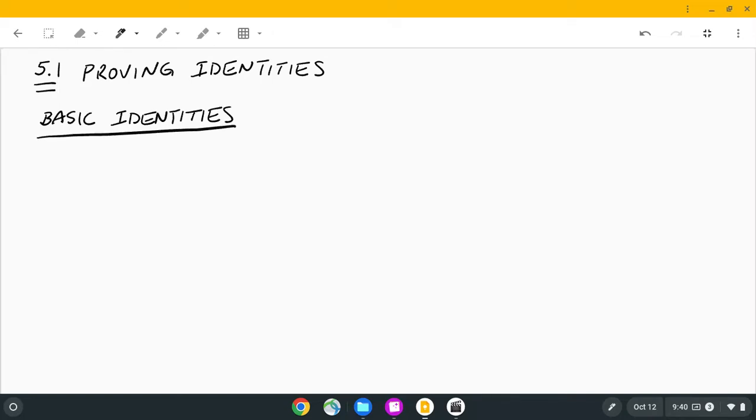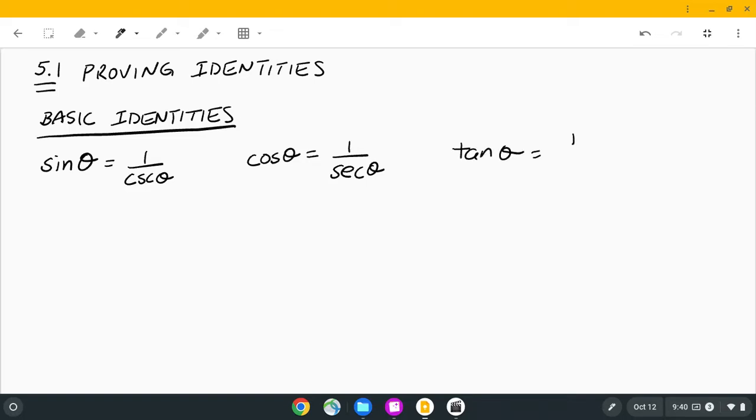Let's go over those. These are the reciprocal identities. We know that sine theta is 1 over cosecant, and cosine theta is 1 over secant, and tangent theta is 1 over cotangent.